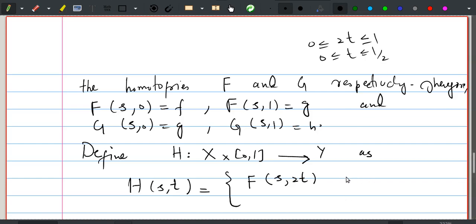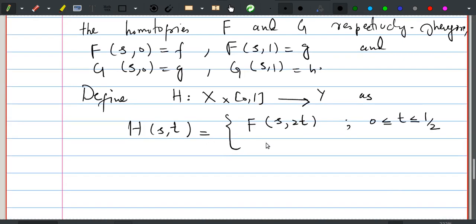So the condition for t is that it belongs to the interval 0 to half, and otherwise this is G of (s, 2t minus 1).